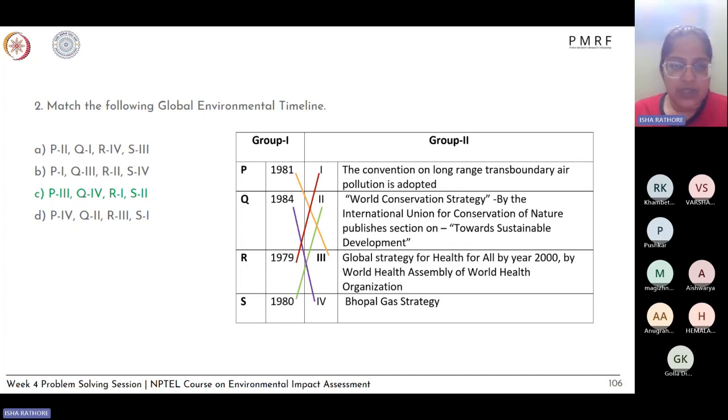So R matches with 1. And in 1980, the World Conservation Strategy was published by the International Union for Conservation of Nature, with a section on towards sustainable development. So S matches with 2. So C is the correct answer, where P matches with 3, Q matches with 4, R matches with 1, and S matches with 2.